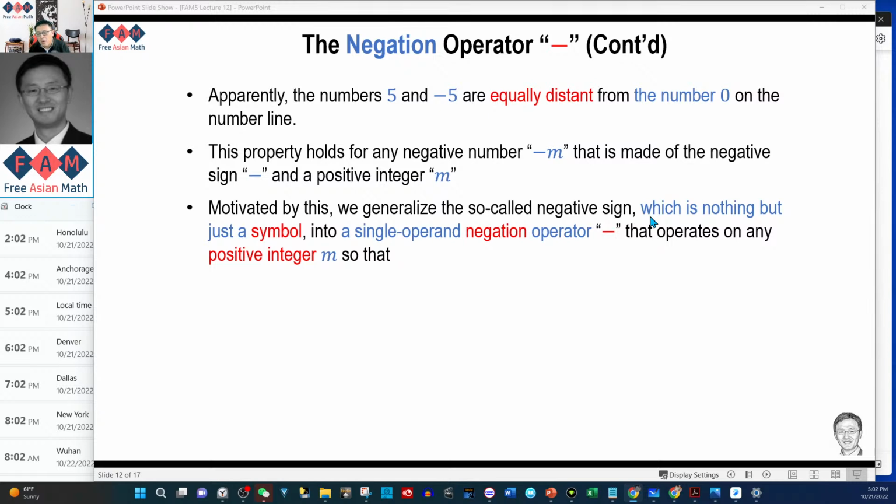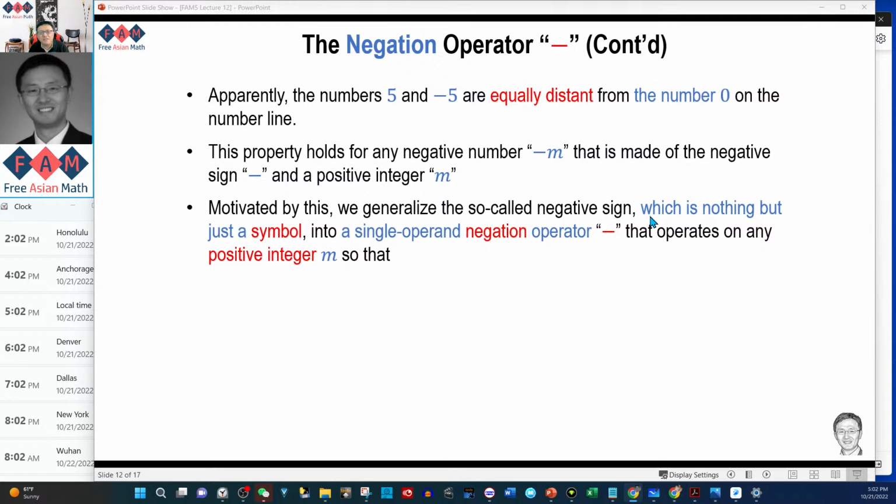And we actually want to take one step further. This operator, we not only want to work on a positive integer 5, but we also want it to work on the negative integers as well. Now we just need to properly define what this operator is.